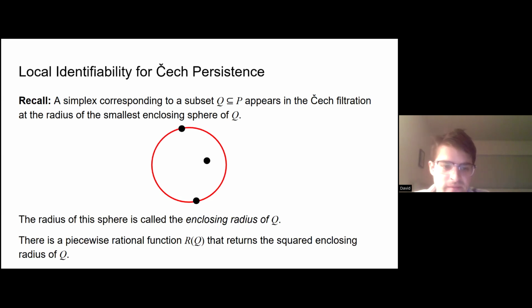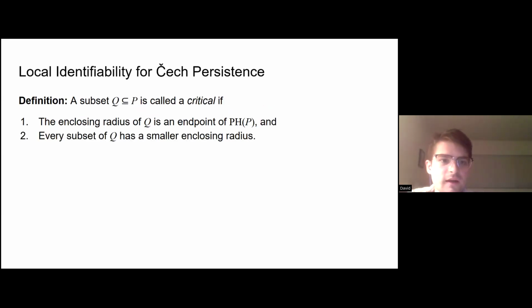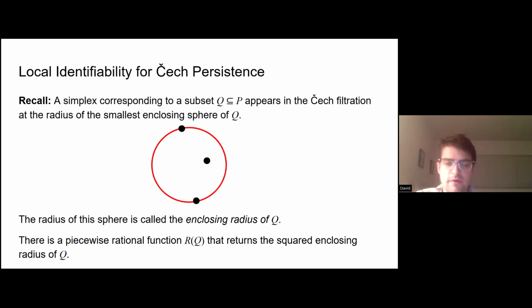There's a piecewise rational function that returns the squared enclosing radius of a point cloud Q.